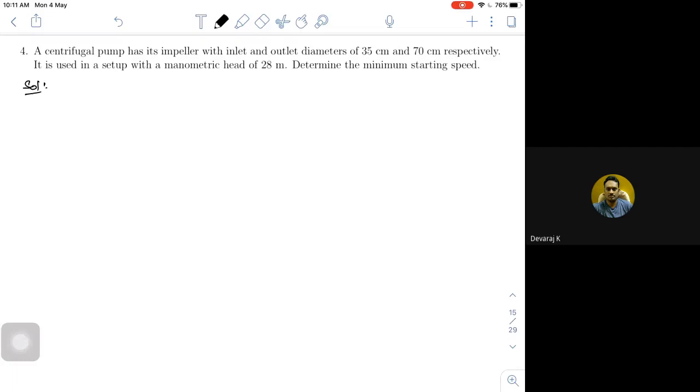Okay. So what is given? They are given the diameters. This is a simple straightforward problem. So D1 is equal to 35 centimeters or 0.35 meters.